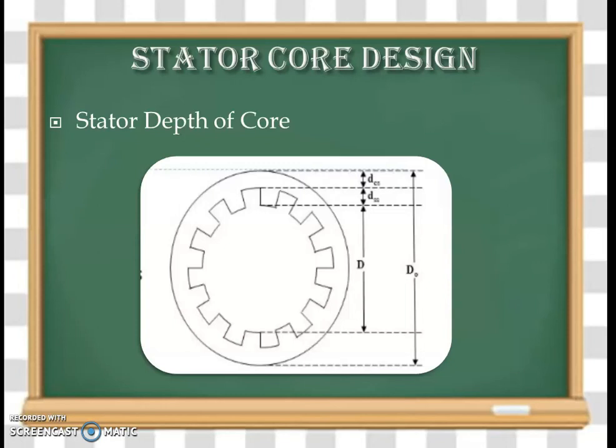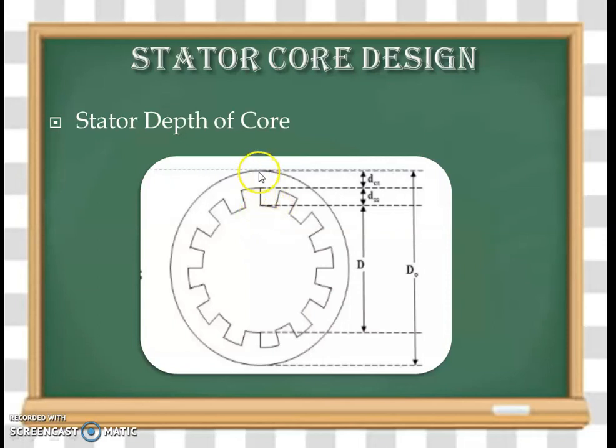As shown in the figure, we have D, that is our main dimension, the stator bore diameter, and DO, the overall outer diameter of the stator frame. While calculating the outer diameter, we have to consider the depth of the slot, indicated by small d, SS. One S is for stator and one S is for slot. So small d SS is the depth of the stator slot.